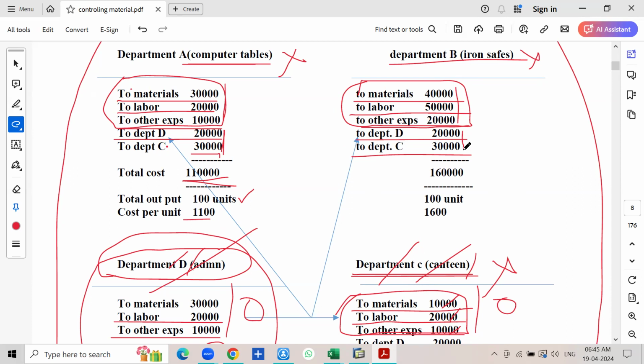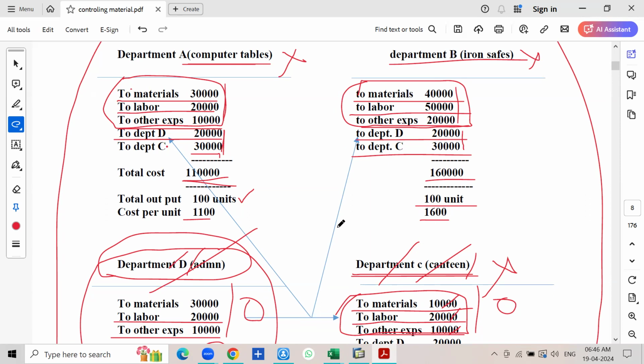Total cost, so this is 1,60,000. In department B, in the month of April, we produced 100 units, 100 iron safes. So total cost divided by total output, cost per unit, 1600 rupees. This is simple costing process. That's it.